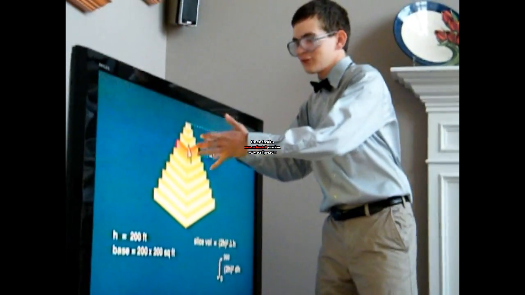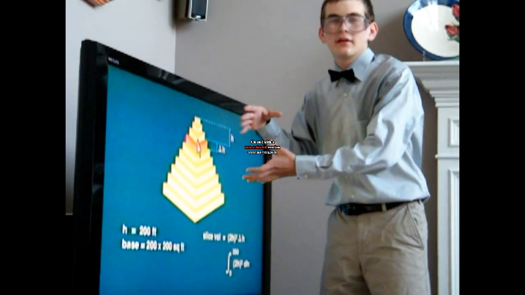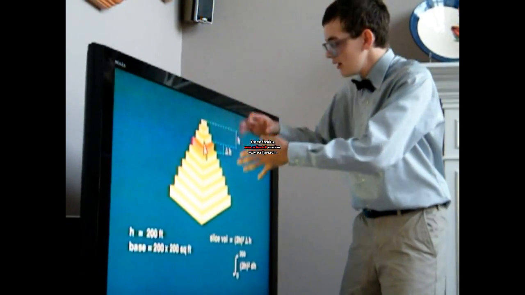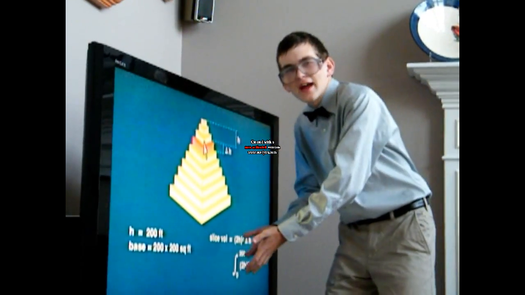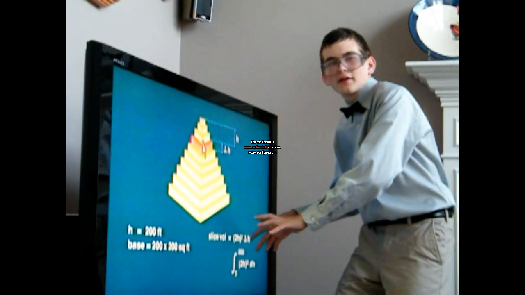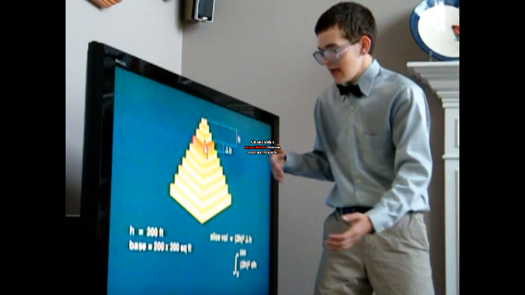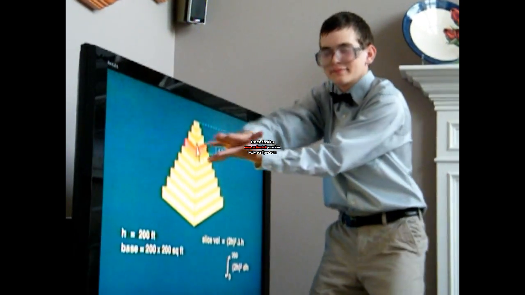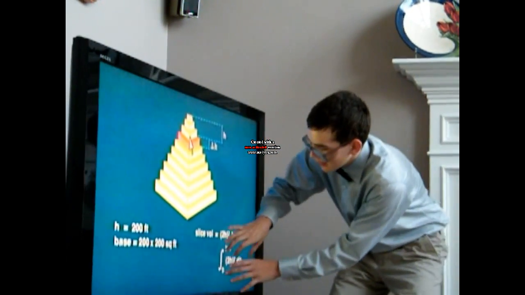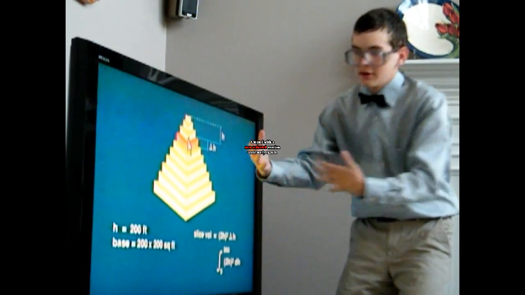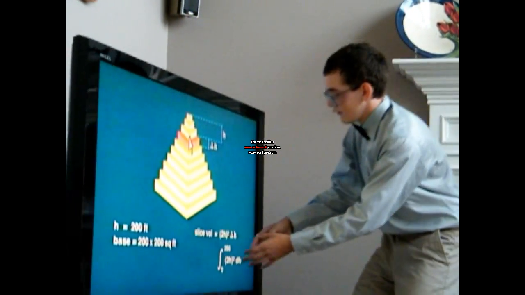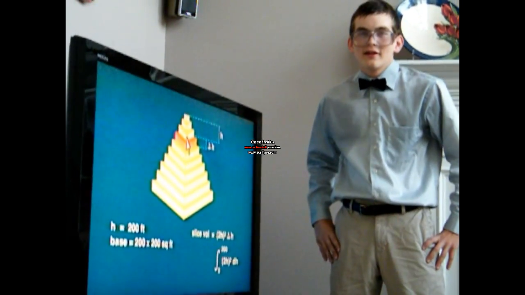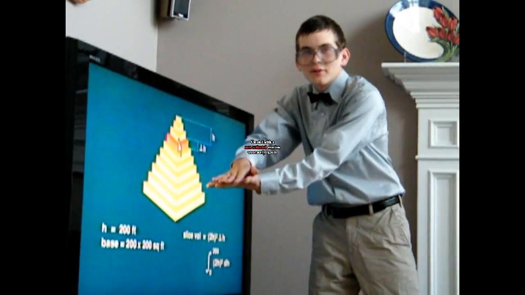So when you take this red slab and incorporate what I said about the height and the sides being the same, the slab is 2h squared delta h, and that's the volume. And when you add all the slabs together, you get an integral from 0 to 200, because the height is 200, of 2h squared dh, and that's the volume of such a pyramid.